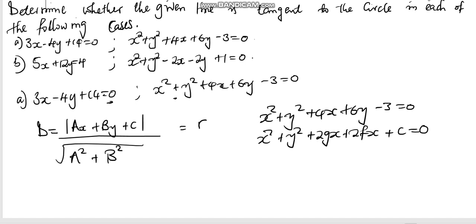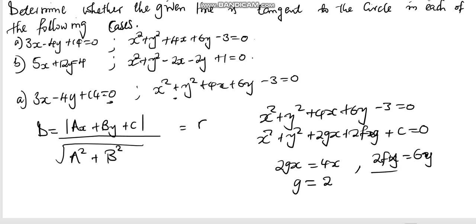So now we have 2gx is equal to 4x. If we calculate the value, we find that g will simply be equal to 2. Then we also find f. We have 2fy is equal to 6y.